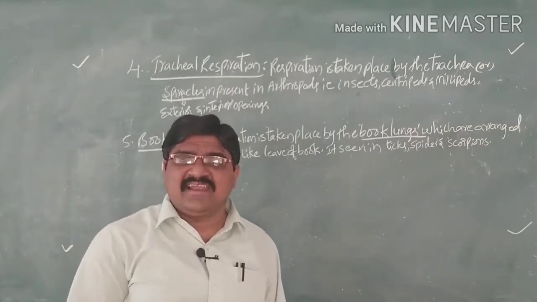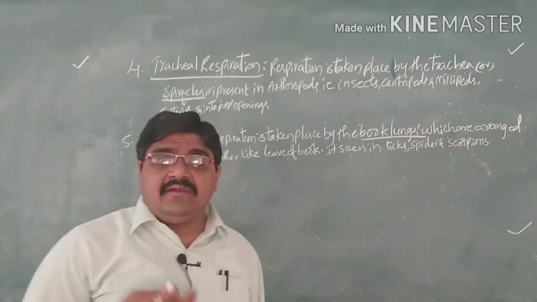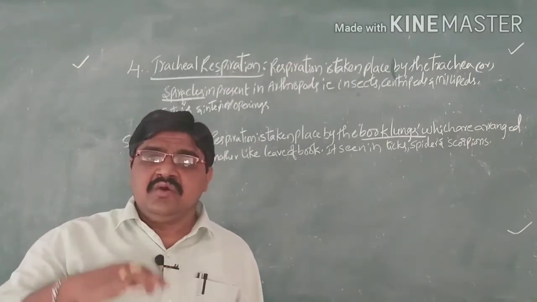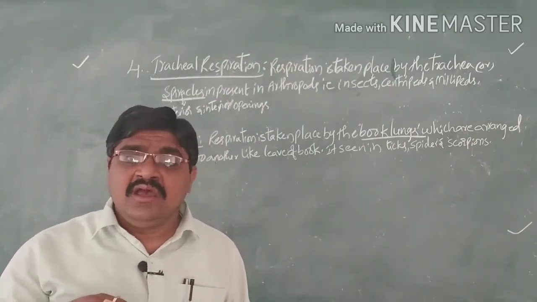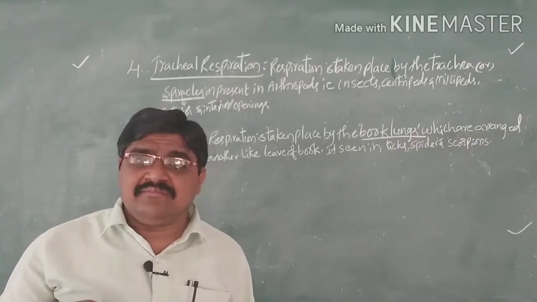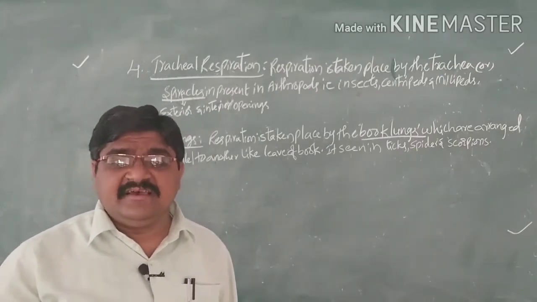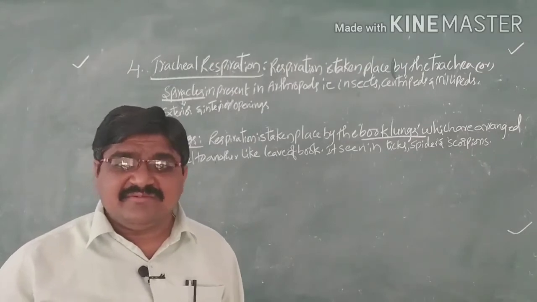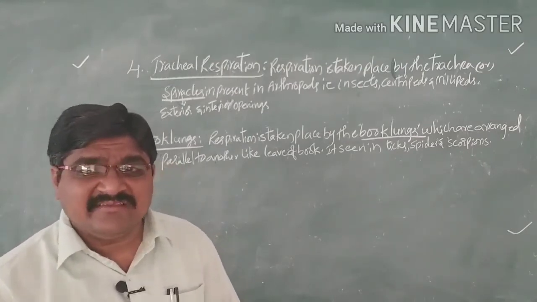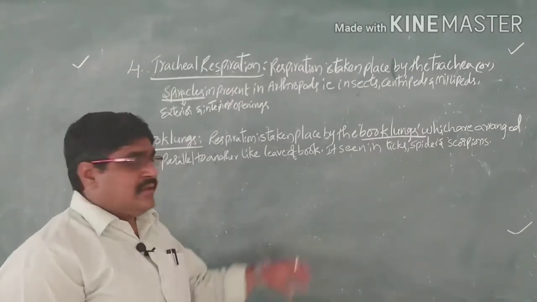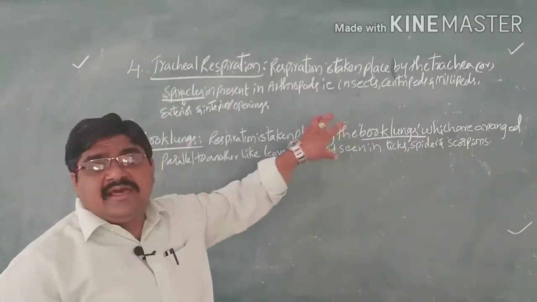That means the lungs are arranged parallel to one another like the leaves of a book. Like the pages in a book, the lungs are arranged like pages of a book. So we call them book lungs, where the exchange of gases takes place in the leaves of the book.